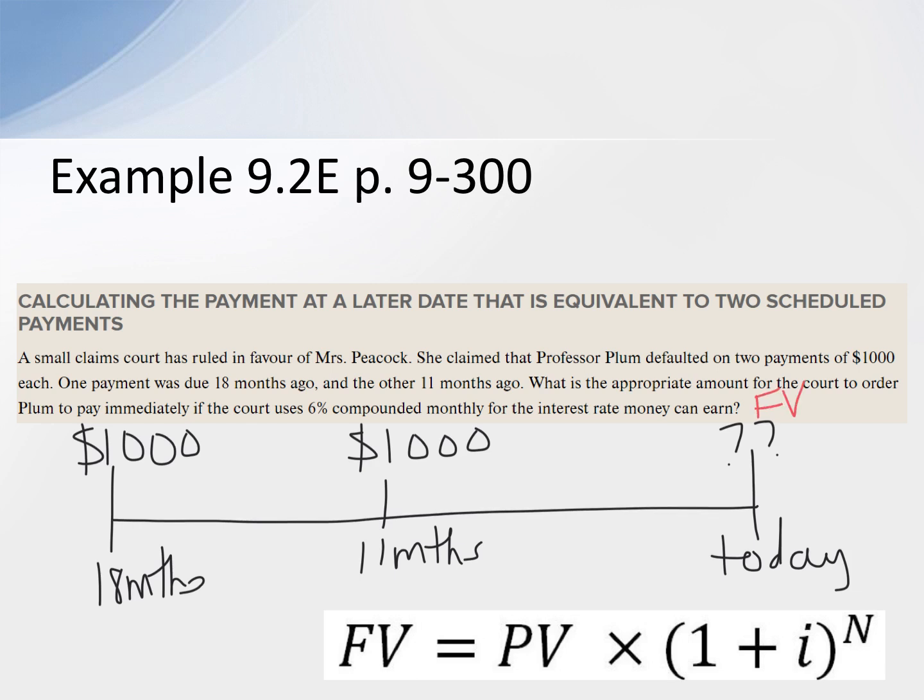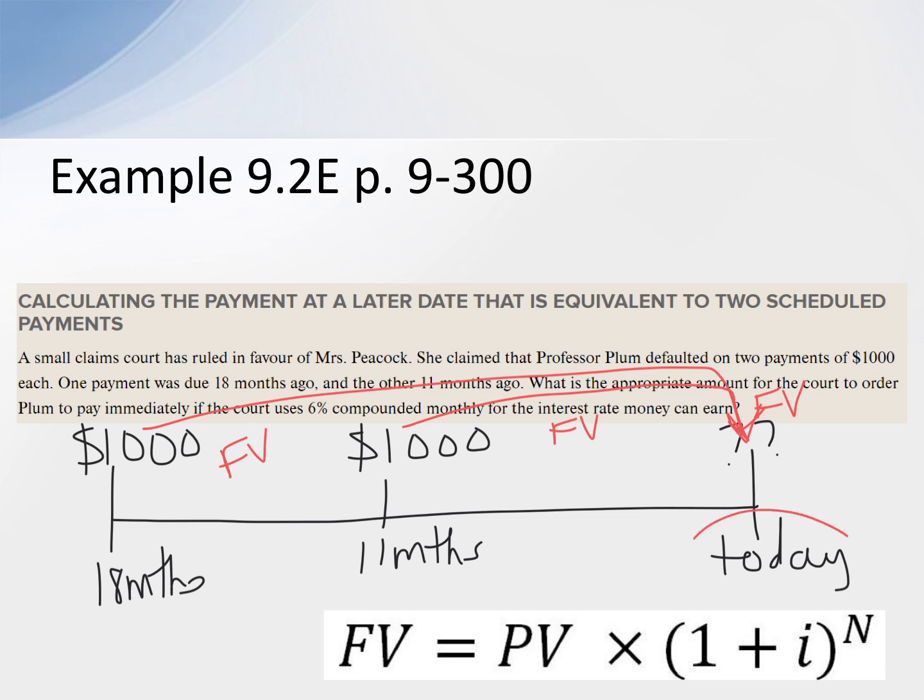Okay, there's a couple of ways to do this. I think really the easiest way is to bring both of those payments to the present day. So I would find the future value of this $1,000 with 11 months interest owing, and I would also find the future value of this $1,000 that was owed 18 months ago.